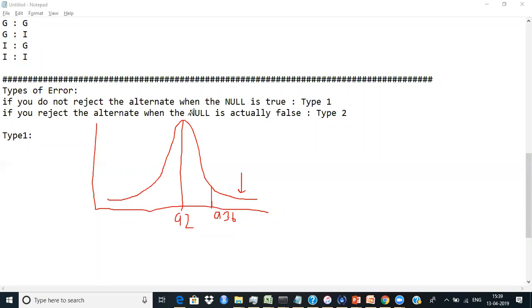If that probability is very low, we say our assumption is false. This p-value is nothing but the type 1 error. So the p-value you calculate is a measure of type 1 error. If the type 1 error is really low, you say I reject my null, or I do not reject my alternate.